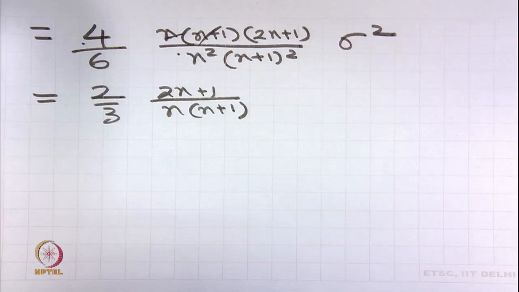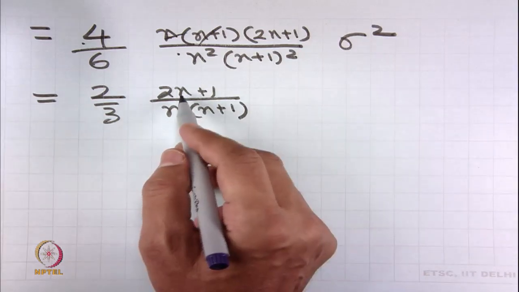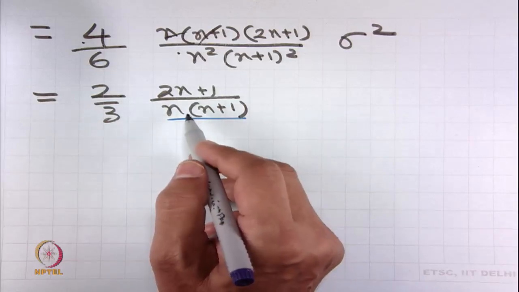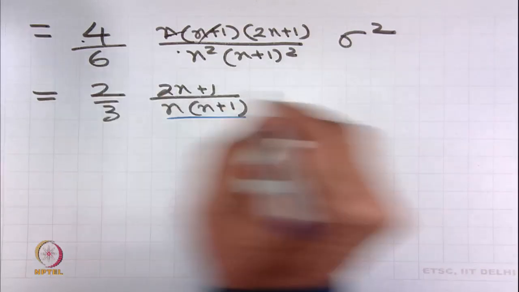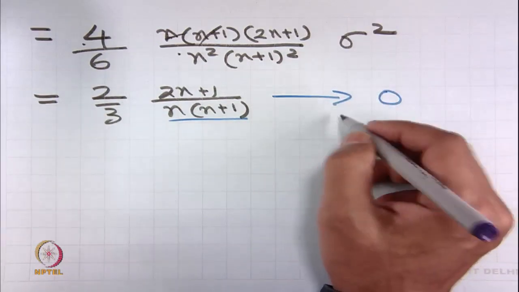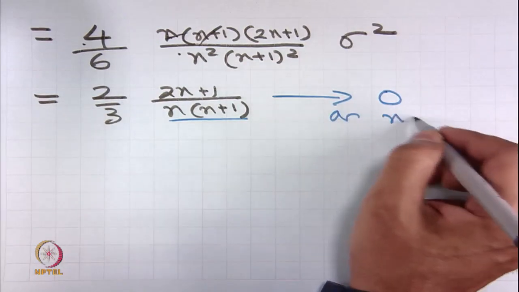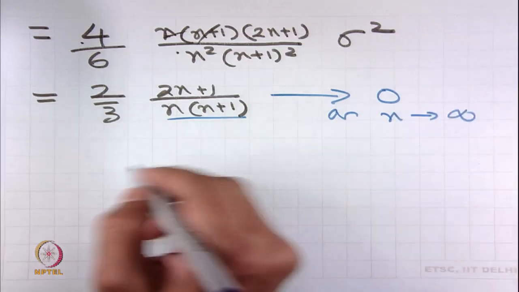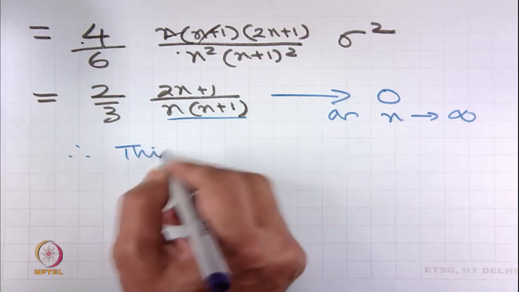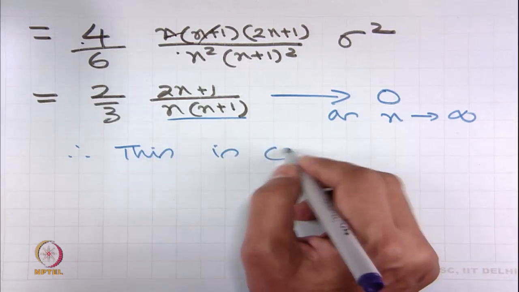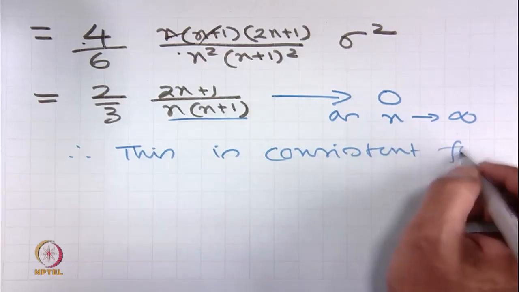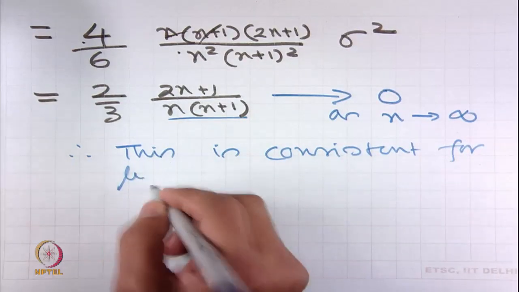Since the numerator is linear in n, but the denominator is quadratic in n, we know that its limit is 0 as n goes to infinity. Therefore, this is consistent for mu.